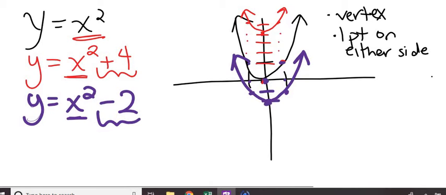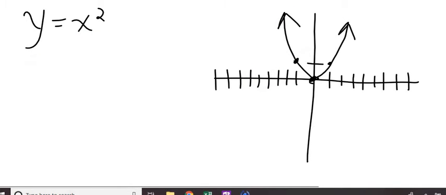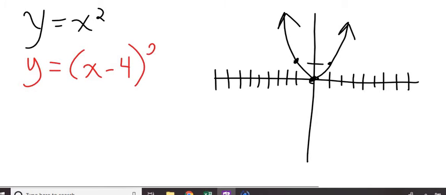Now let's look at a horizontal shift. Again, I'm going back to my original, y equals x squared. What does a horizontal shift look like? A horizontal shift is where you have a number that's being added or subtracted to x.